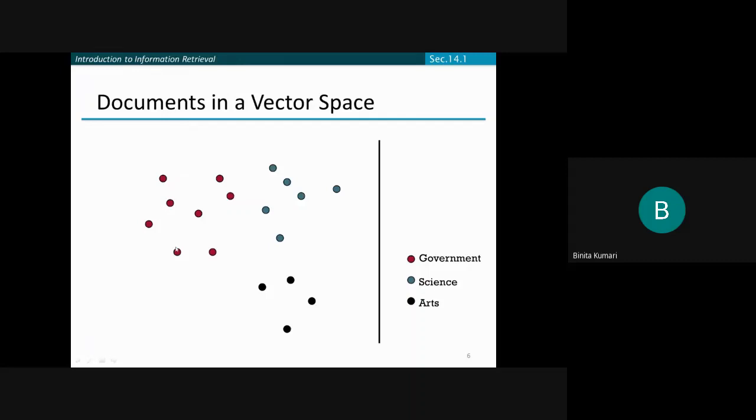So these maroon colored circles are your documents having the label or class government. These blue filled circles belong to the class science, and these four documents which are black colored belong to the class arts. So all these collection of documents makes our training set.